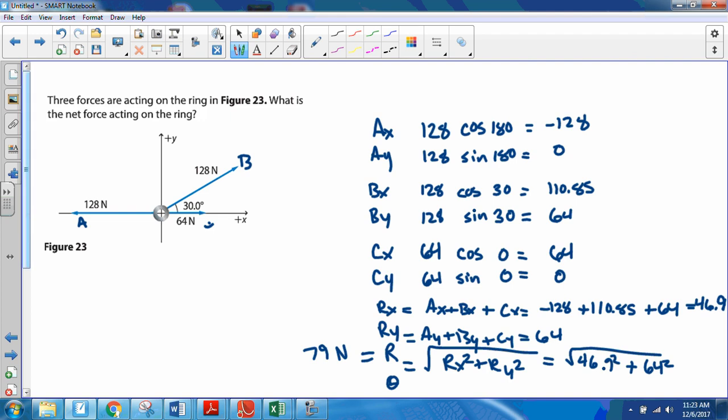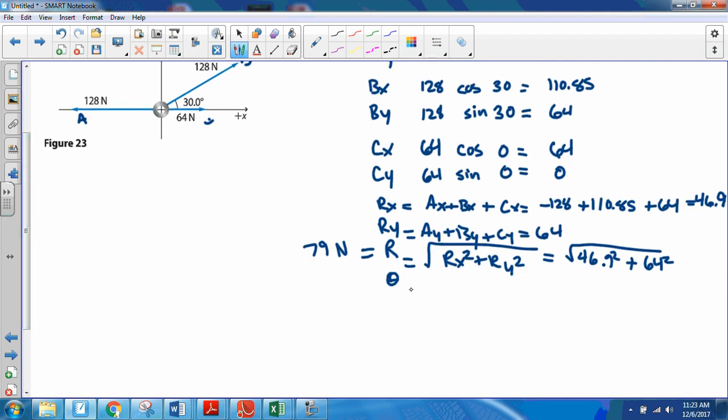Now how do I get theta? Theta is equal to tan inverse of Ry divided by Rx. So that's tan inverse of 64 over that 46.9-ish answer.